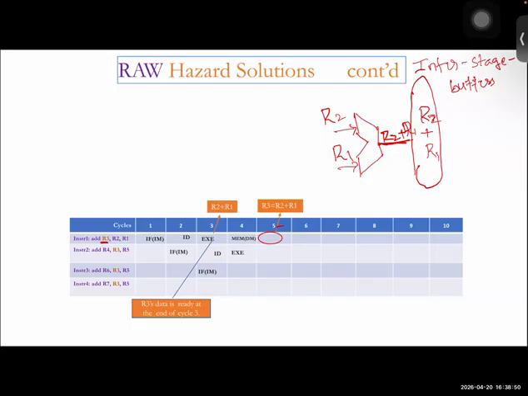But what is the input for the instruction 2 execution stage? Input 1 is R2 plus R1, which is available in the interstage buffer in the previous stage, and input 2 is R5.